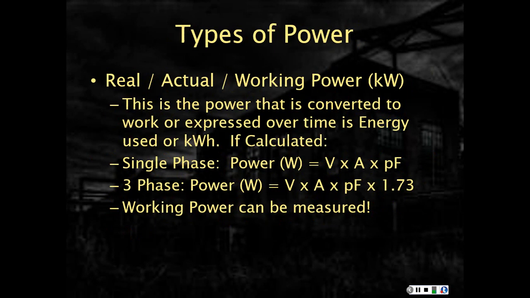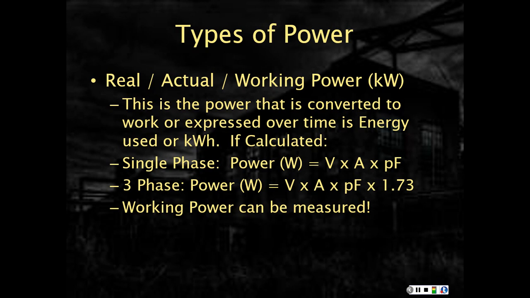Let's take a look at the actual types of power again that make up power factor. In a building, or an electrical distribution system, AC, we actually have 3 types of power. The first type, the power that's actually used in a building, is called real, or actual, or working power, and its units are kW.